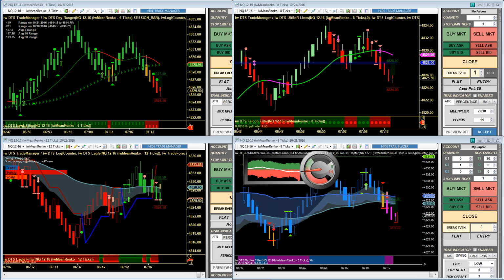We're seeing a little bit of a breakdown. And we're getting a red bar buy signal here. We've got the green bar sell here on the eagle. We can wait for that.